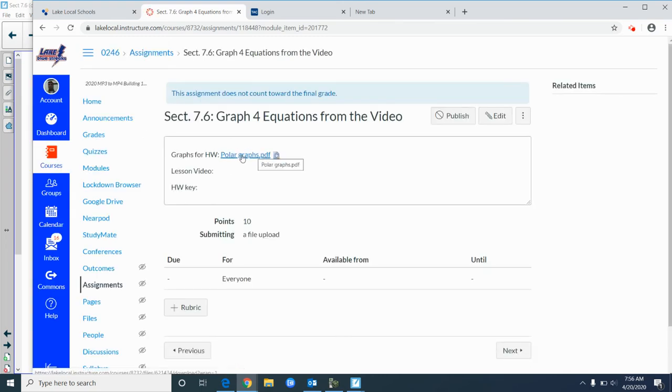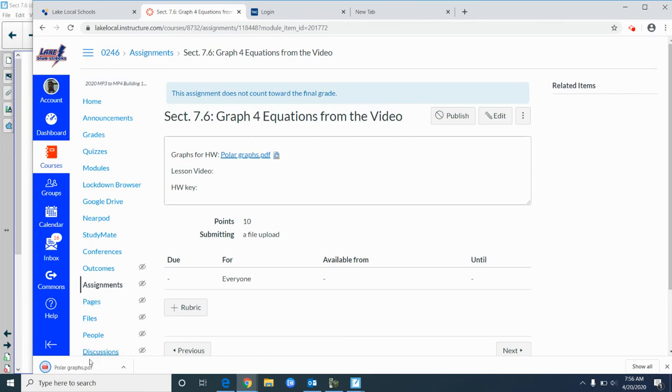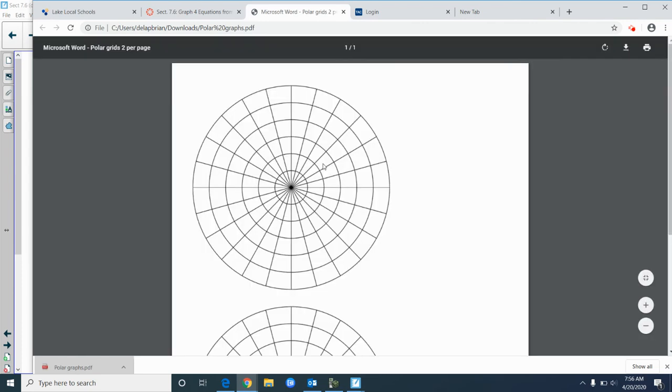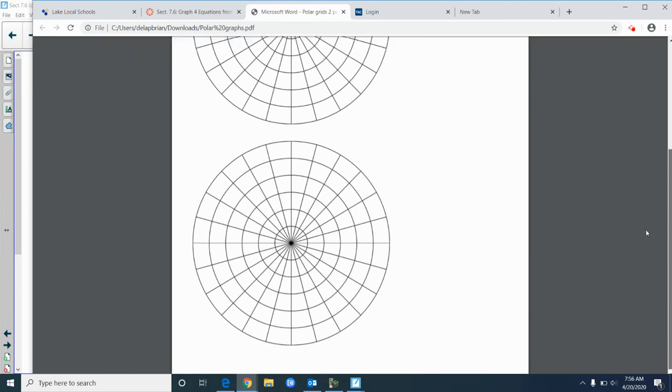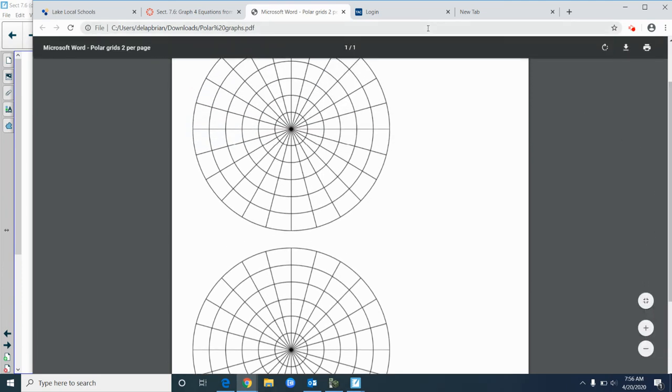So here is a PDF, and this might help you. There are 2 on each page, and then you can just use those. If you can print them off, if not, you can just do them on your paper, which is fine. You can find polar graph paper on the internet if you want to do that, but at least this gives you something to work with. So if you want to do that, that would be fine.